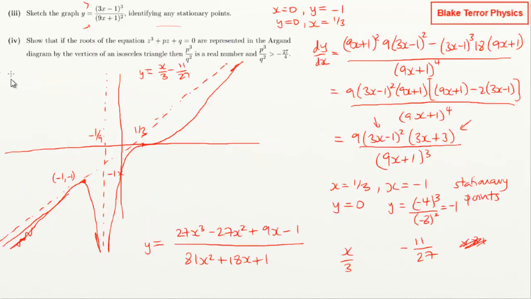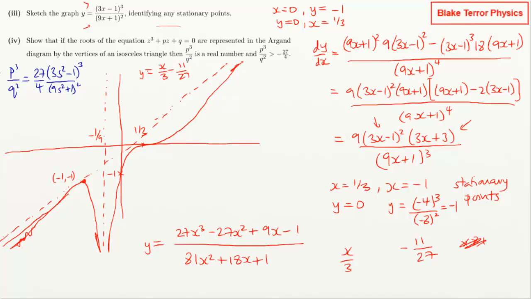So we add that p cubed over q squared is 27 over 4, and then 3s squared minus 1 cubed over 9s squared plus 1 squared. So that's what we've got. So if the roots of the equation are represented in the Argand diagram by vertices of an isosceles triangle, then p cubed over q squared is a real number.